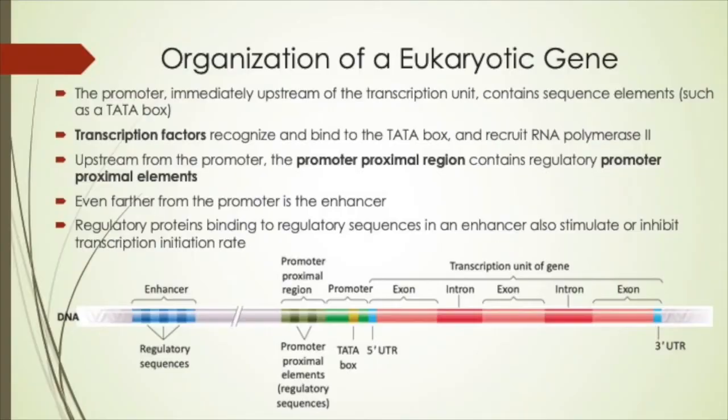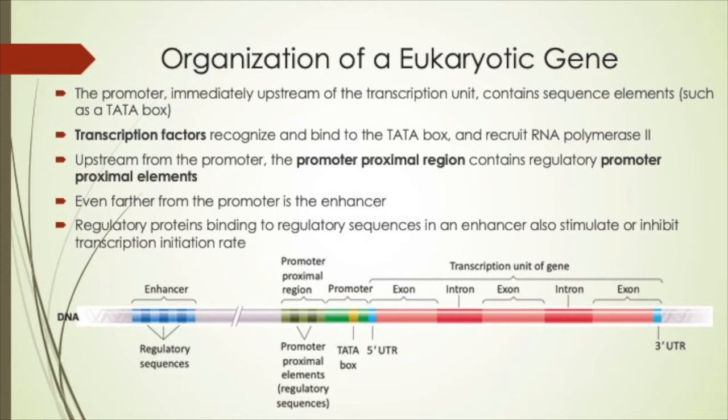DNA methylation underlies events such as X chromosome inactivation and some genomic imprinting. This can happen randomly, it can happen non-randomly, it just depends.